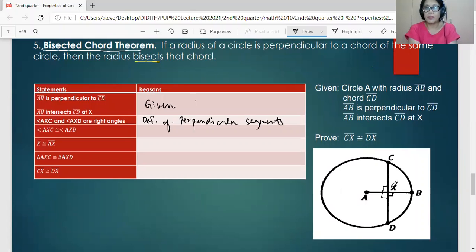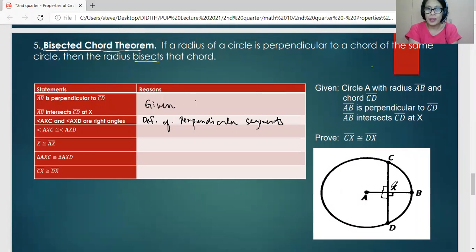Perpendicular line segments create 90-degree angles, and these are the 90-degree angles created by the two perpendicular line segments. Now, angle AXC is congruent to angle AXD. Yes, they are congruent because all right angles are congruent.